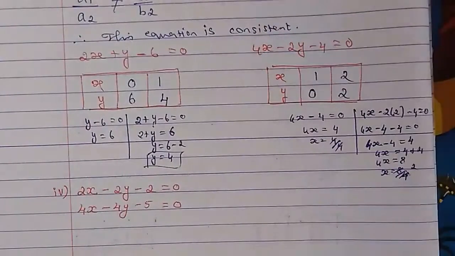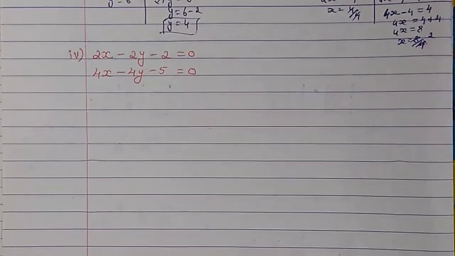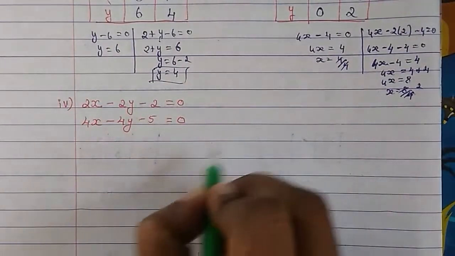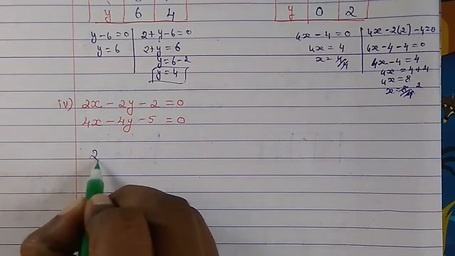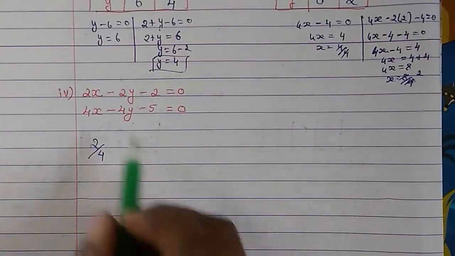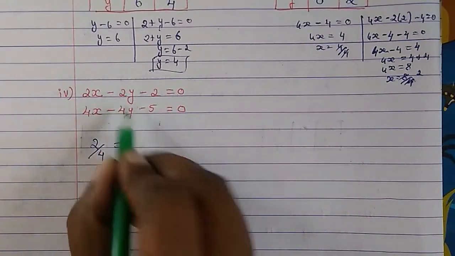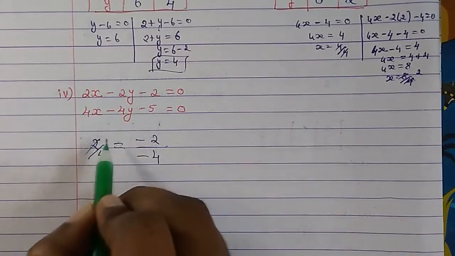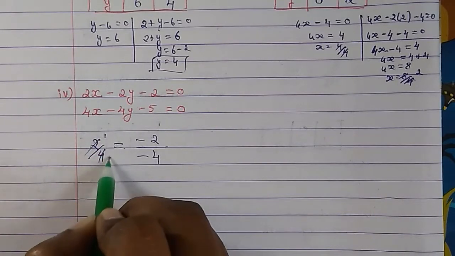So now let's move to the fourth one. Fourth one, same way we have to do it. So let's find out. This is 2 upon 4. This is minus 2 and this is minus 4. We cancel: 1 time 2, 2 times 4.